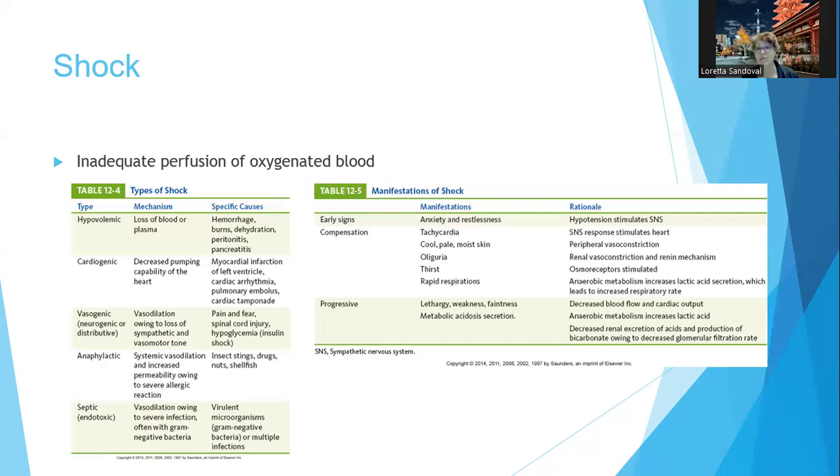Anaphylactic shock, we talked about last quarter, and it's increased systemic vasodilation and capillary permeability due to a severe allergic reaction because of the release of histamine. Septic shock is vasodilation owing to severe infection, which causes capillary dilation, and you get hypovolemia.